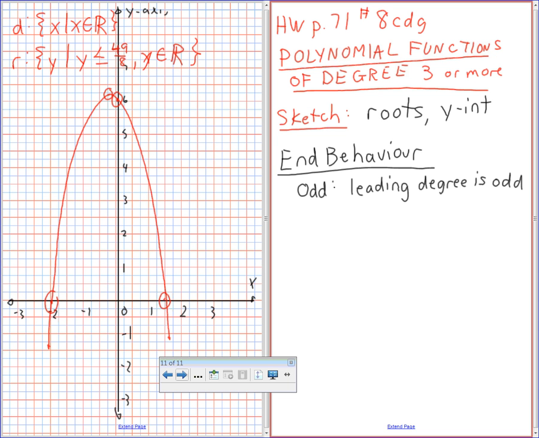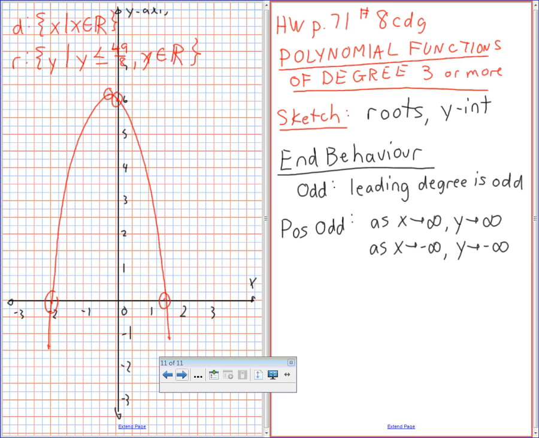Okay, so a positive odd function is going to look a lot like y equals x, which looks like this. That's what a positive odd function looks like.